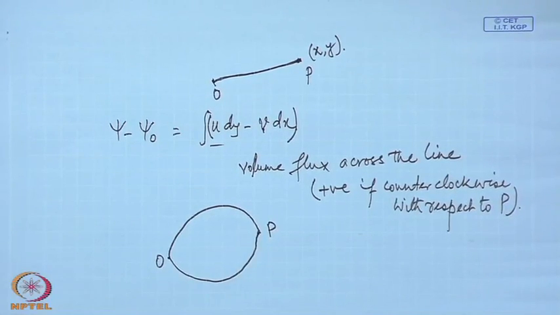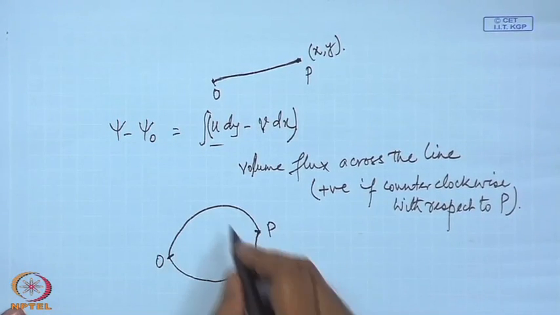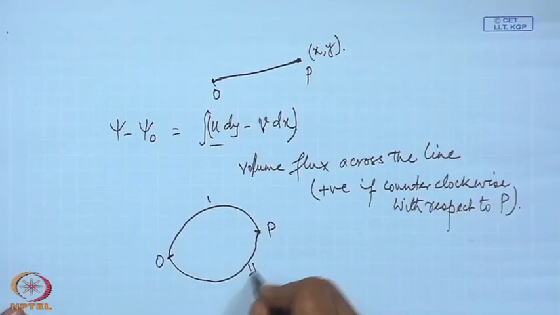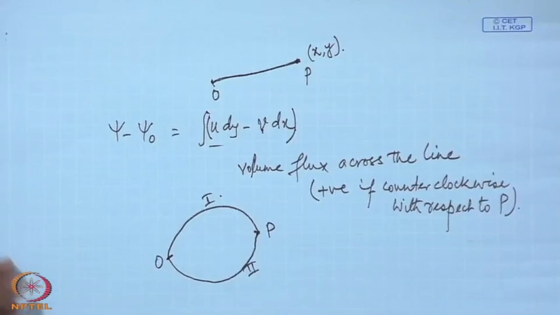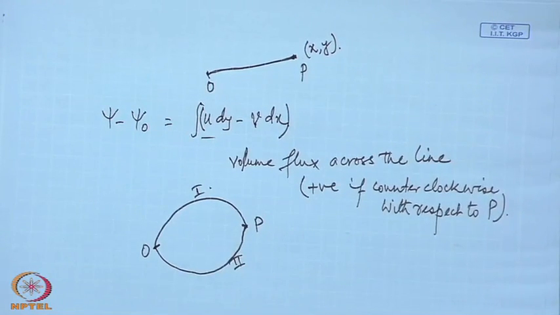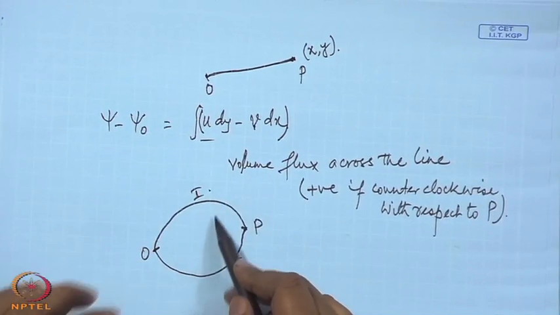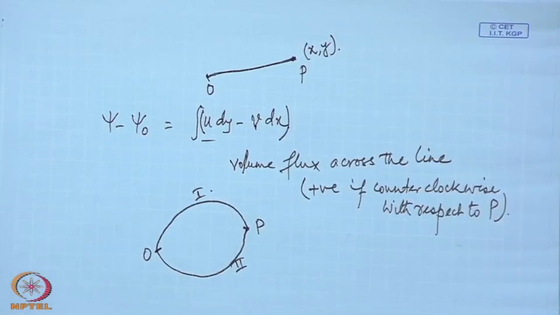This is 1, this is 2, and assume that the region occupied by this closed curve is completely filled with incompressible flow.